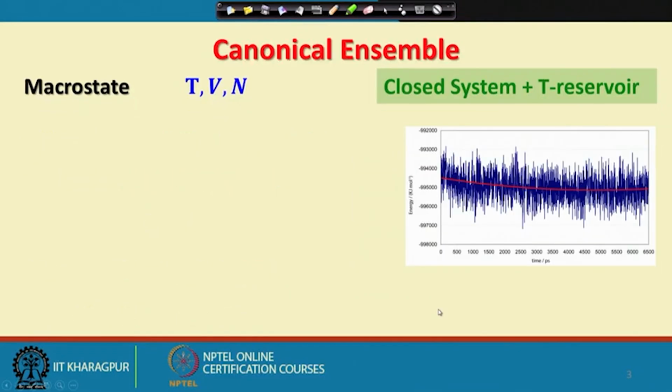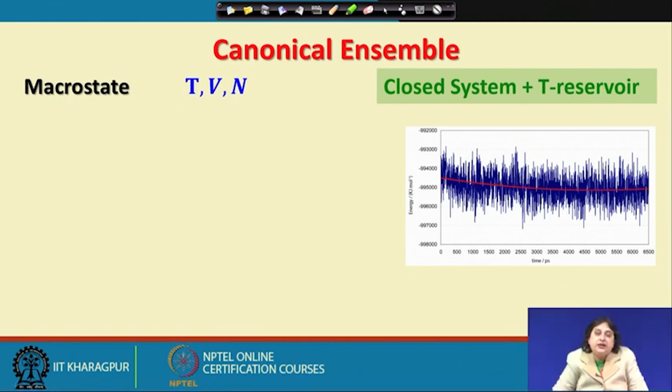Now, let us go and have a look at the net energy content of the system a little more closely. Just because the system is exchanging thermal energy with the reservoir, I cannot say that, if I had the means to measure the energy of the system, it would not be fluctuating in time.